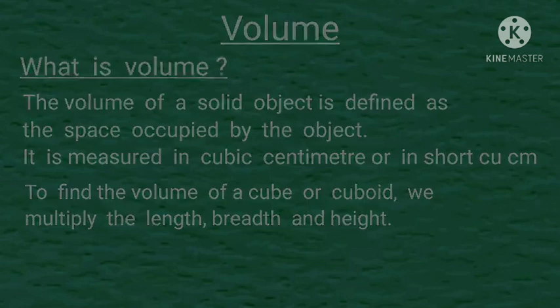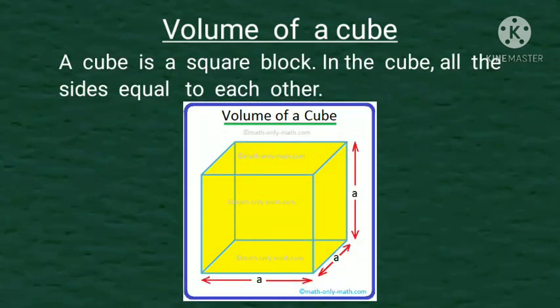Volume of a cube. A cube is a square block, that is, a square box. It has all the sides equal to each other. How many faces does a cube have? How many edges does a cube have?